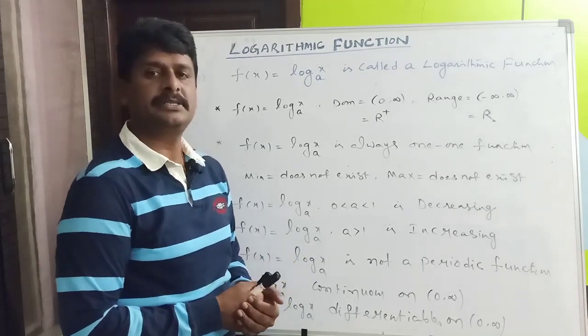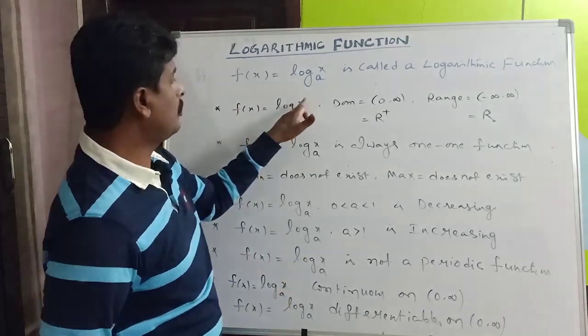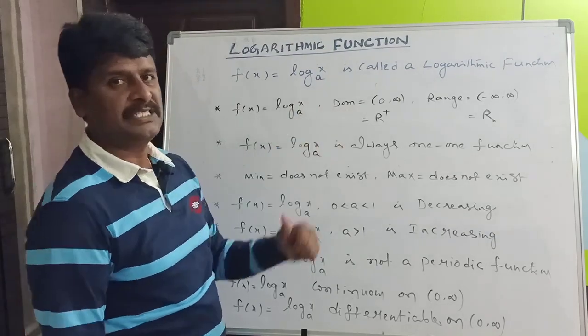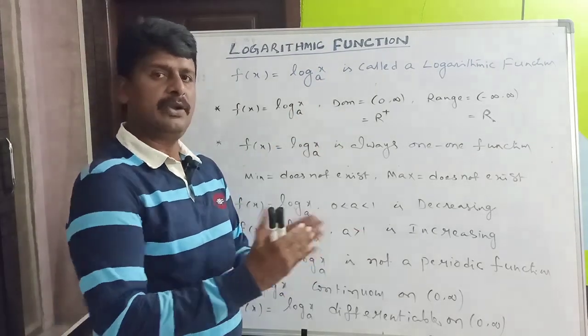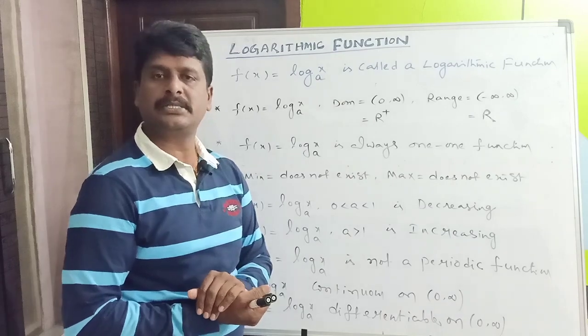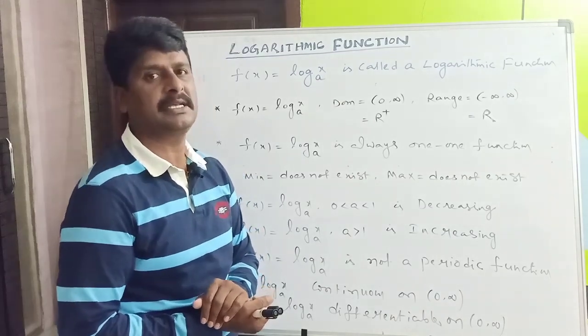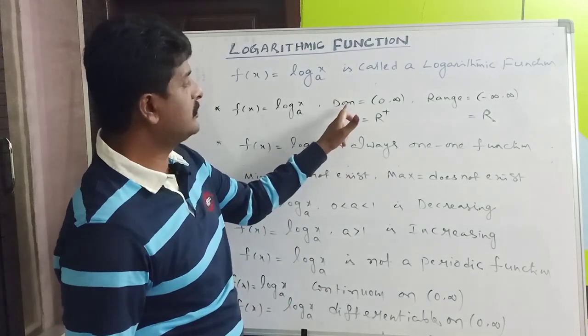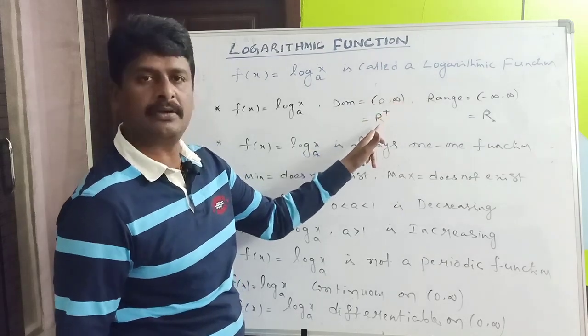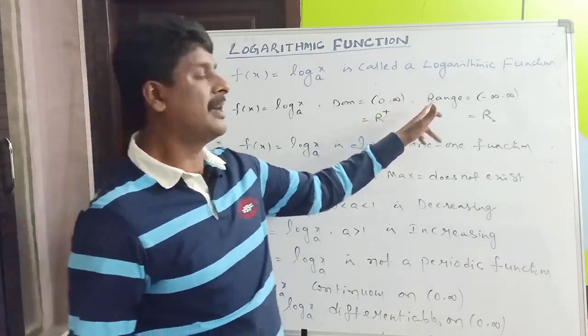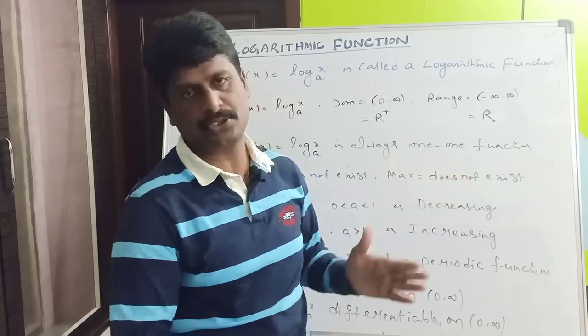See the properties. f of x is equal to log x base a. As we have seen through the graph, it is always defined only for values to the right side of the origin on the x-axis. That's why the domain is 0 to infinity. Range: there is no upper boundary, there is no lower boundary.